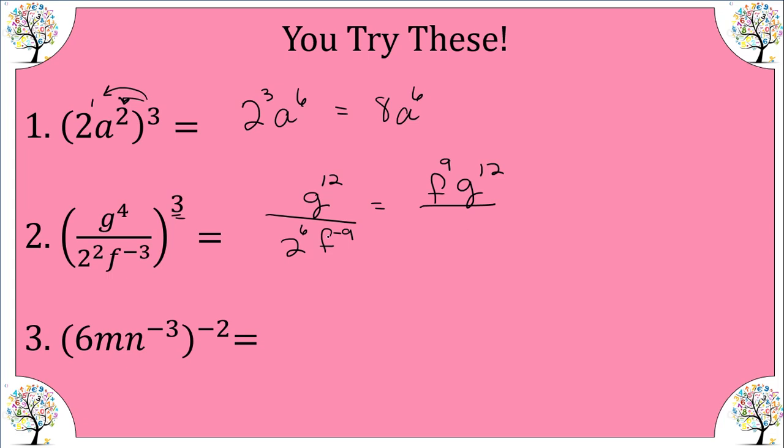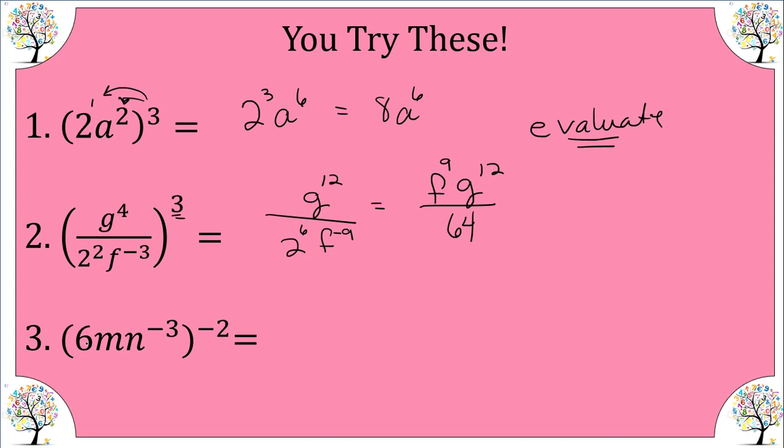On the bottom, we have 2 to the 6th, which is 64. We can go ahead and evaluate. If you leave it 2 to the 6th, that's totally fine, unless you were told to evaluate, which means you get a value. Simplifying would be totally okay because that's what you're asked to do.